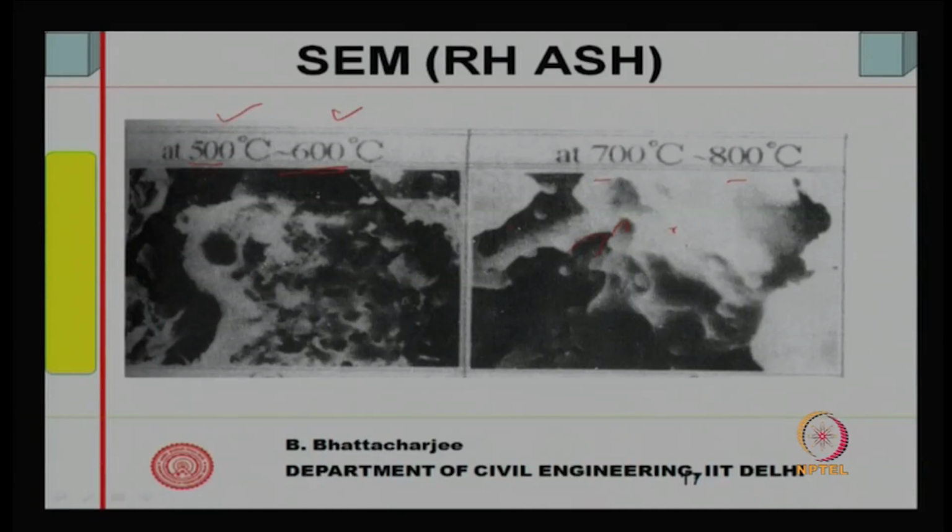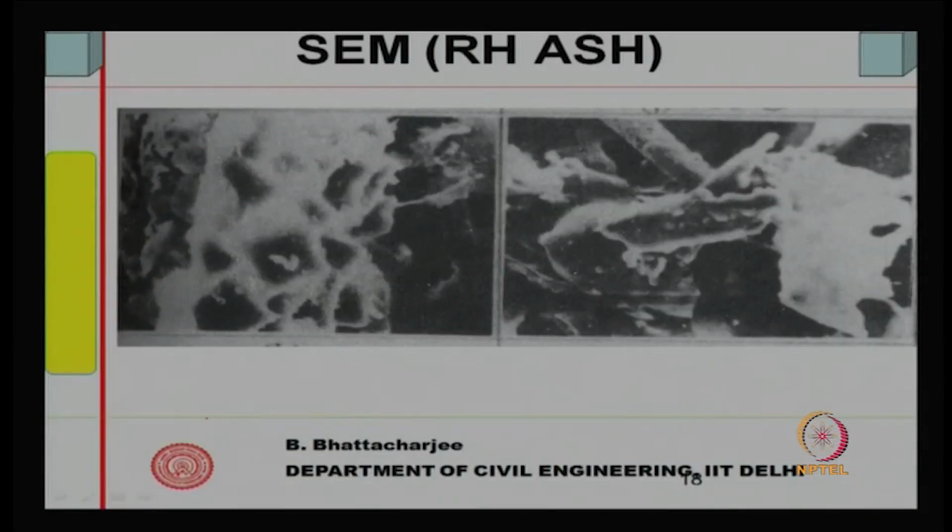Depending upon the temperature, their nature differs slightly, and at higher temperatures this shows the cellular structure of this material. You can see these are holes in between the solid phases. So, they are cellular in structure, and that is why their surface area is very, very large, though the particle sizes are not very large.